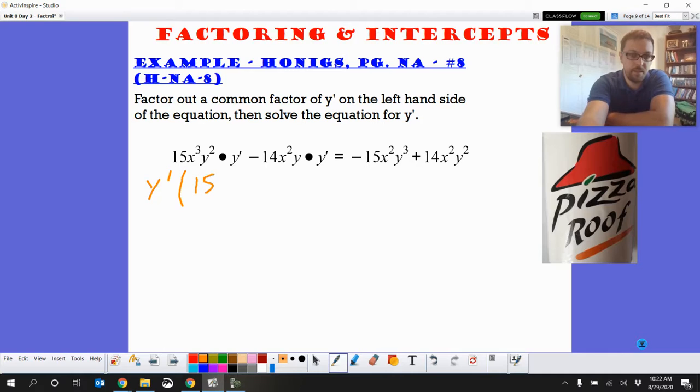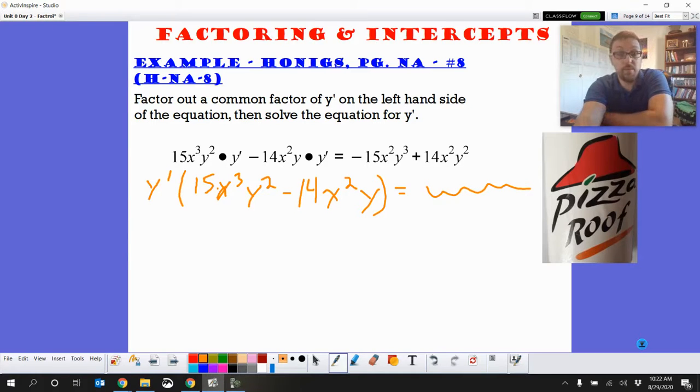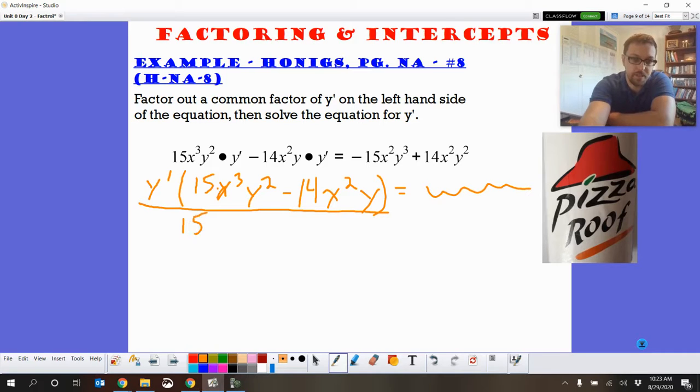So 15x cubed y squared minus 14x squared y equals all that garbage. I ain't got time. Then we want to try to get y prime by itself. But since we factored it out, we can just divide by all of this stuff, this 15x cubed y squared minus 14x squared y.